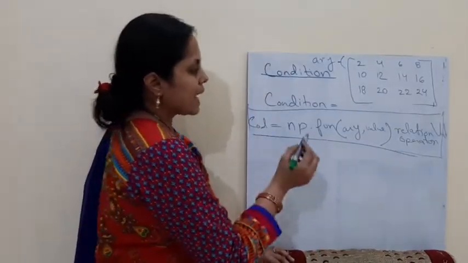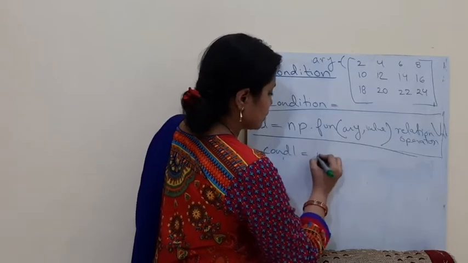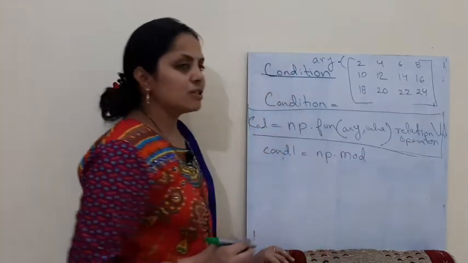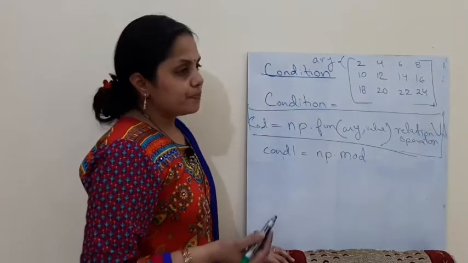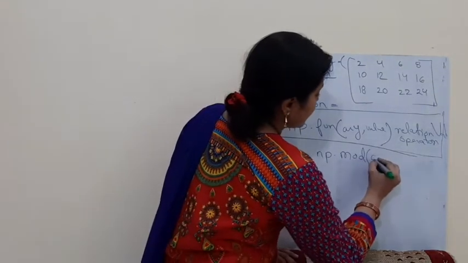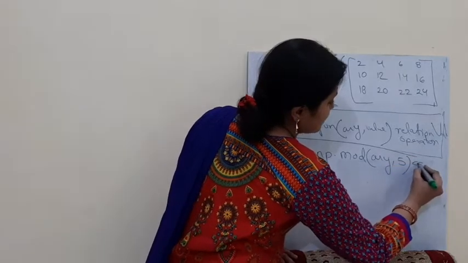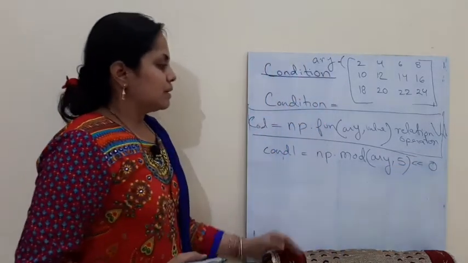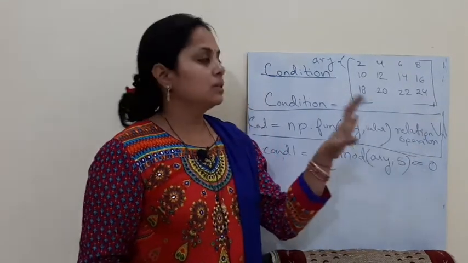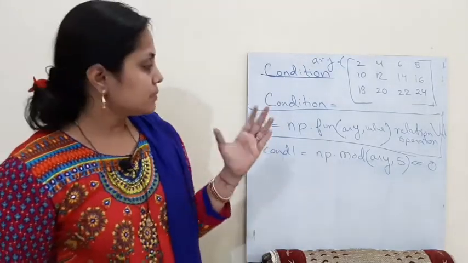Now when I apply a particular condition, for example condition 1 is equal to np.mod. Do you all know what the mod function is? The mod function is used when I want to get the remainder. So np.mod(ARY, 5) equal to 0. That means this condition will find out whether a particular number is divisible by 5 or not.